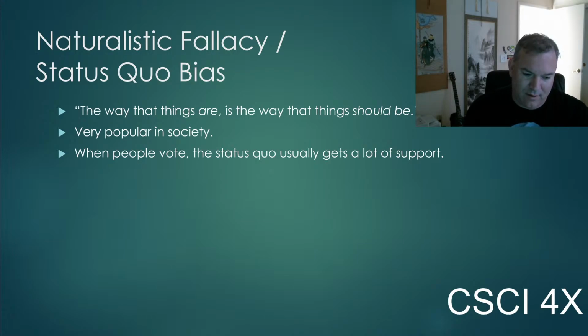G.K. Chesterton once said that if you see a fence in a forest, don't tear it down until you understand why it was built there in the first place. Right? That's the conservative ethic in a nutshell.